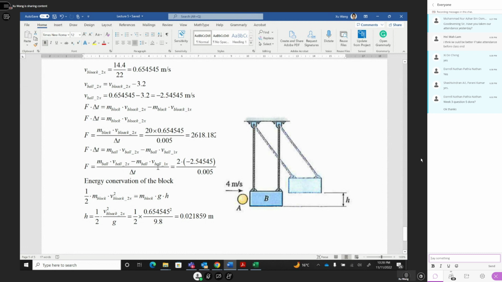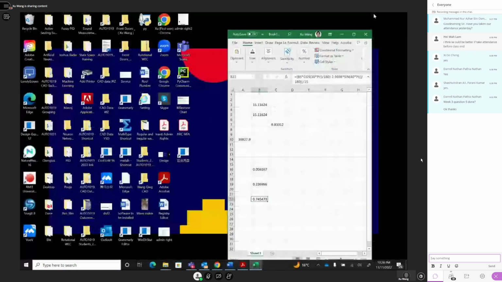And also there's another one, ball 1x. Ball 1x, I think hold on, I think something I did not do correctly. Hold on, this one should be ball 2x to come out. So the ball 2x is minus this one. This is the ball 2x. Ball 1x should be 2. Sorry, I think this one you have to make sure is correct. Hold on a second.